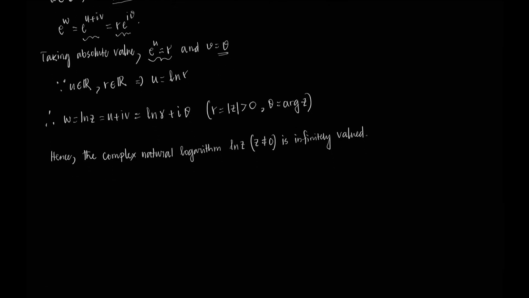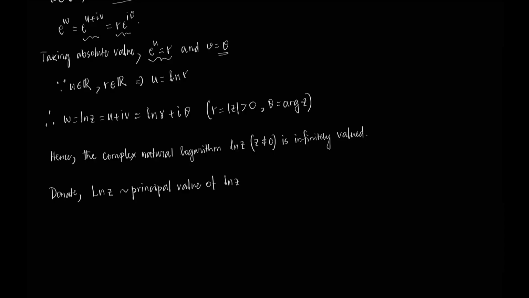If you take the principal value, let's just take the principal value. We'll define it like this. Denote it by capital L n of z, the logarithm. This is called the principal value of the complex log.